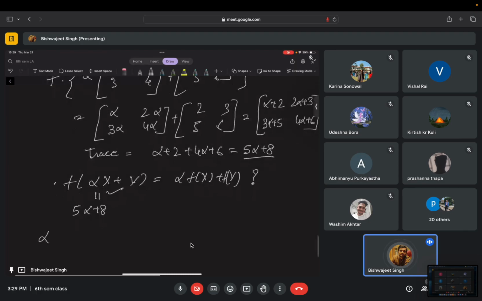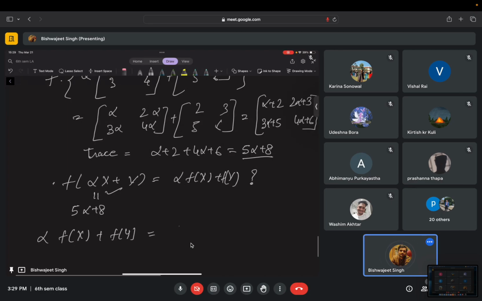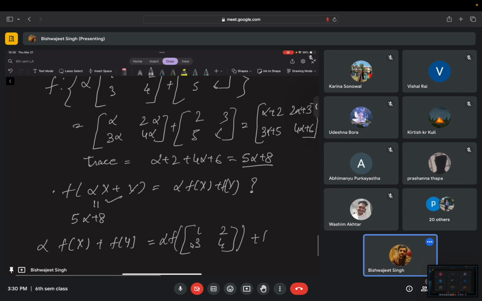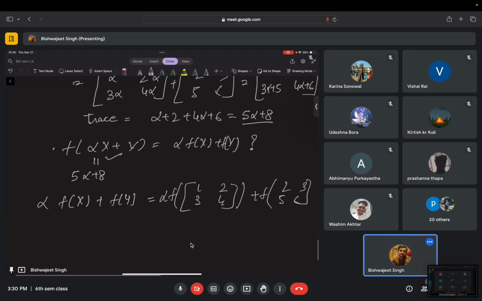Now let us calculate this term, alpha times f of x plus f of y. What is this? Alpha times f of this matrix 1 2 3 4, plus f of the second matrix, that is 2 3 5 6. So alpha times, what is f of x?